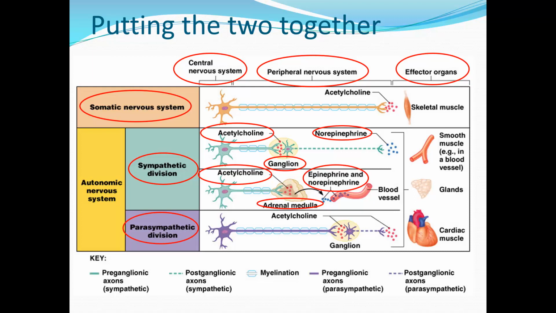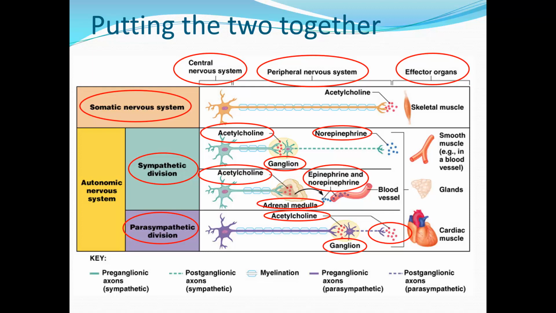Then you have the parasympathetics. Acetylcholine again as the neurotransmitter of the preganglionic cell. You go to the ganglia, and then the postganglionic cell releases acetylcholine in the parasympathetic division. So if somebody asks you, what is the neurotransmitter released from the preganglionic neuron?